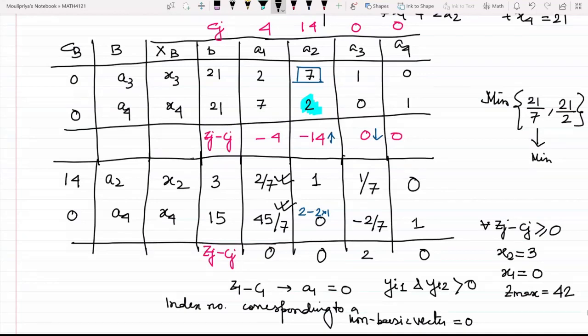And in that column, we are finding this yi1 and yi2, the numbers here being 2 by 7 and 4 by 7, both being greater than 0. What we say is that this kind of problem indicates an alternative optimal solution. That implies that if this be the case, the problem will have more than one optimal solution. That would eventually imply that this is going to have infinitely many solutions.